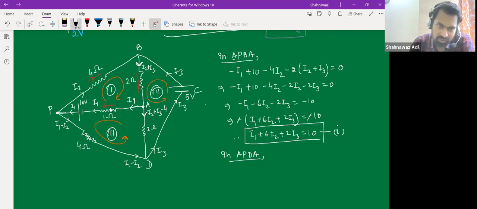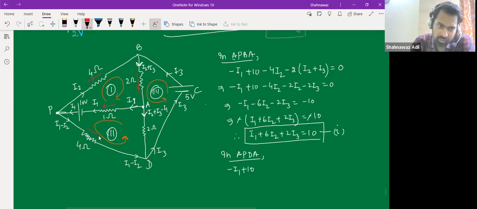Yeah, so we are starting from here and this is in the direction of minus I1. Yeah, minus I1 and then for this part, plus 10.